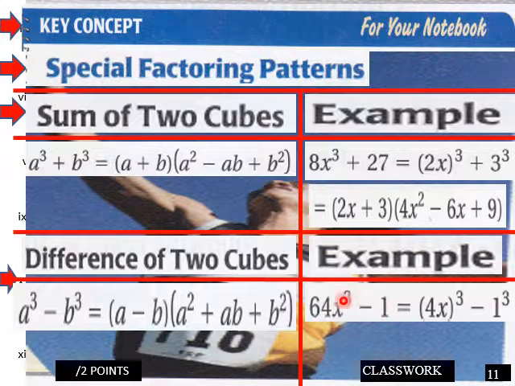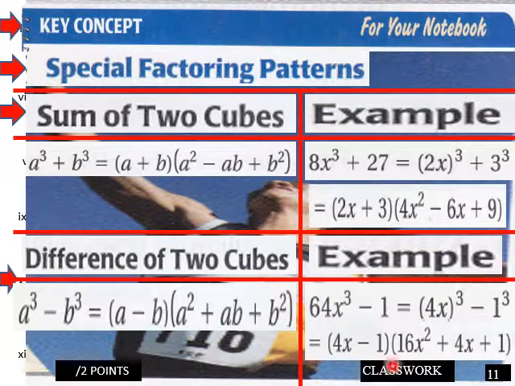Here is an example of a difference of two cubes, and this can be further factored into 4x minus 1 times 16x squared plus 4x plus 1. And that's about it.